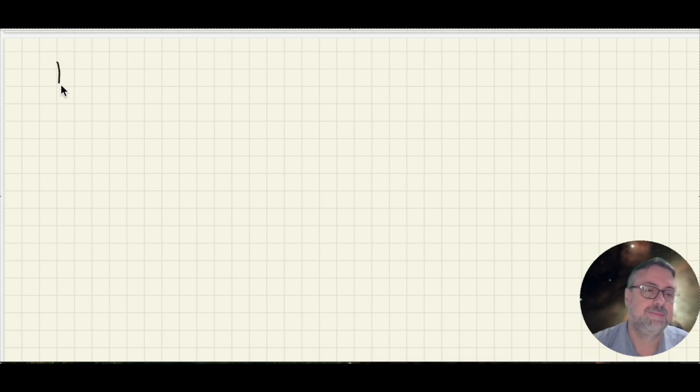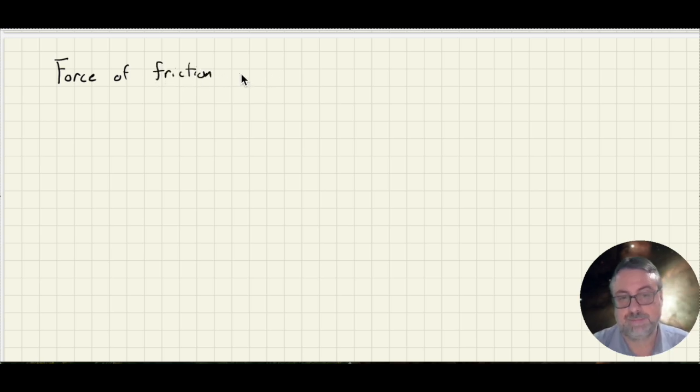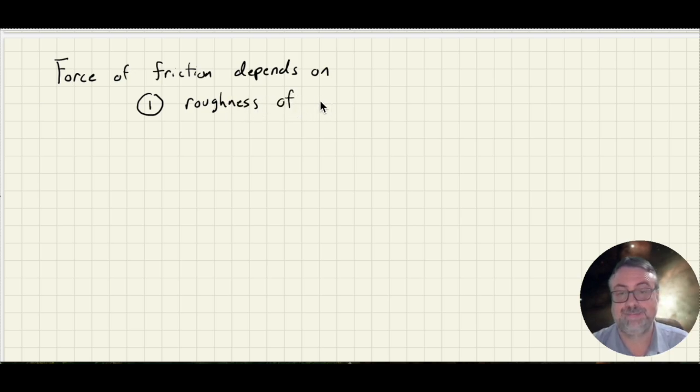Now, the force of friction depends on, well, one, the roughness of the surfaces. The rougher the surfaces are, the larger the force of friction is.